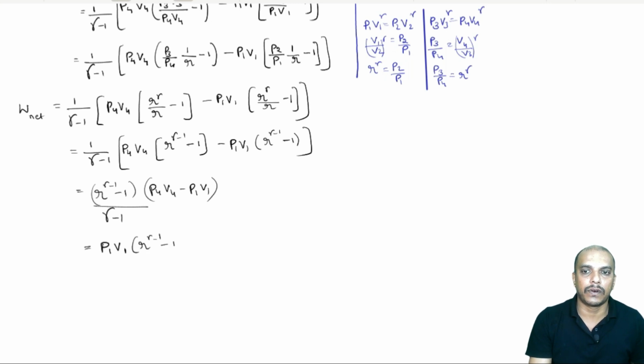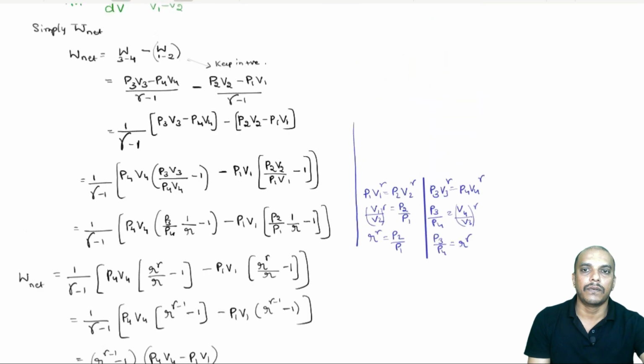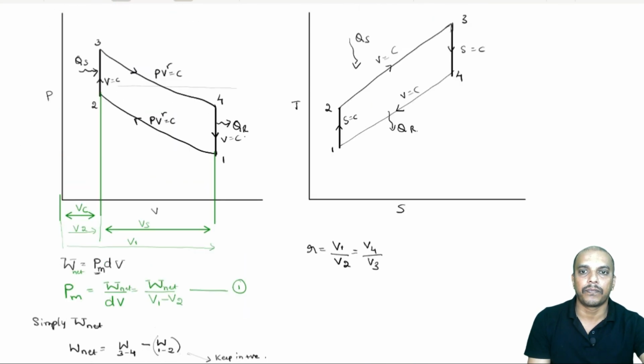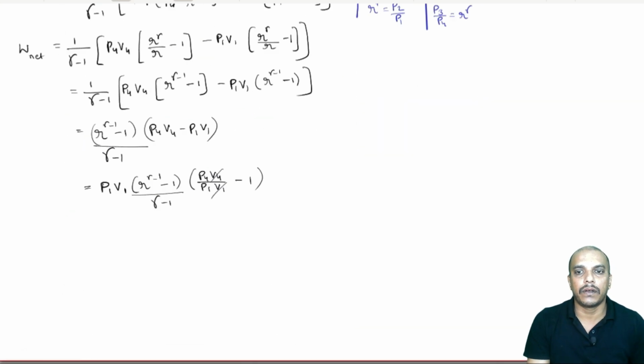Let us check what will be remaining. We'll have P4 V4 divided by P1 V1 minus 1. Now V4 and V1 are the same, so they will be cancelled out.